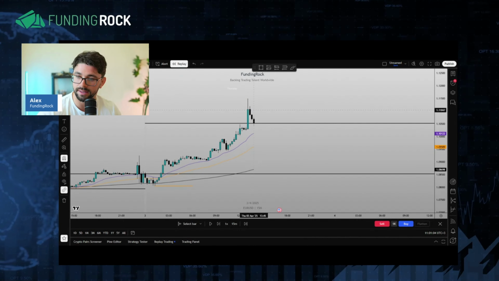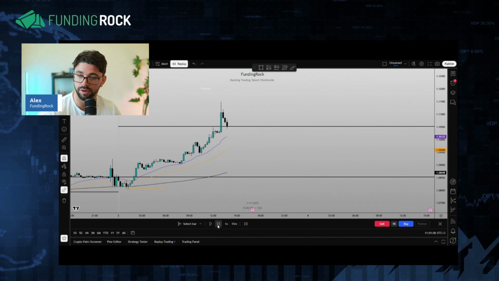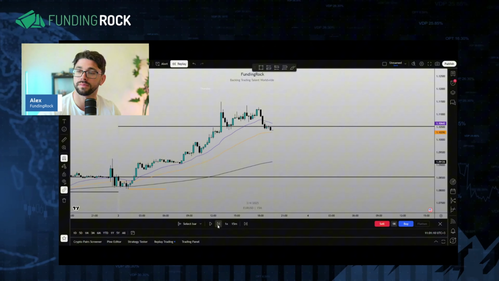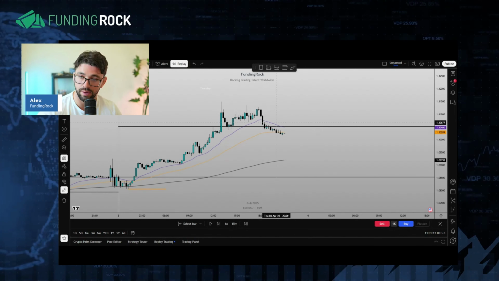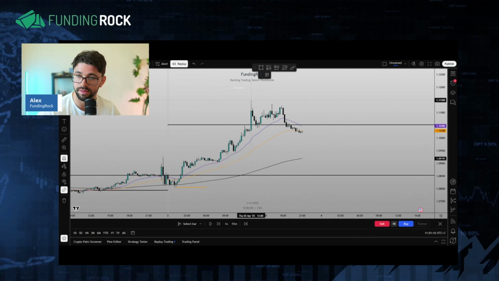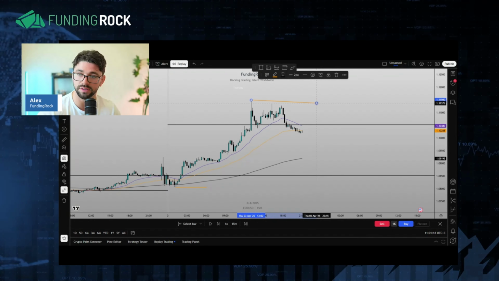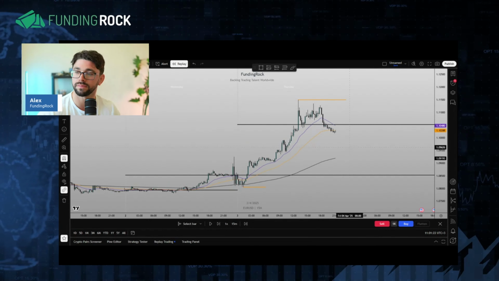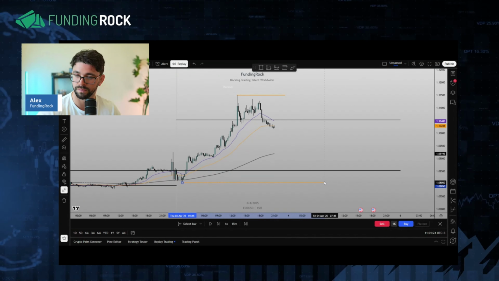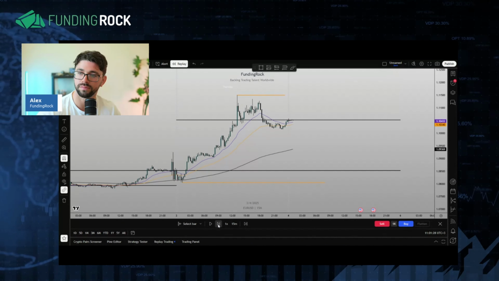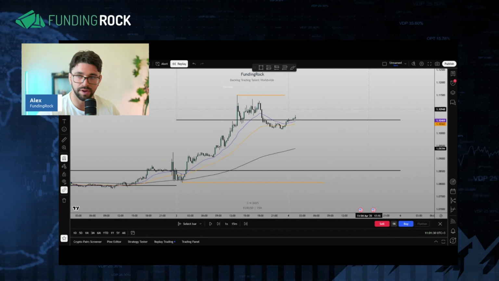Okay? This is at 1 o'clock. So price is still pushing up. Okay, now it's come back down. So we're going to mark this high because that's the highest point so far on the day. And then we've had the close.